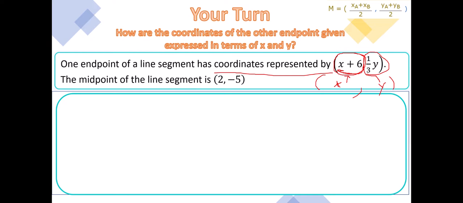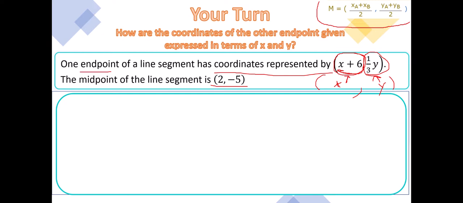So we're going to use the same formula. Remember, we're adding the x's and we're adding the y's and we're dividing by 2. Now here's one endpoint. So this is going to be an x plus 6, and this is going to be a y value, 1/3 y. But we're not given the other endpoint, we're given the midpoint.